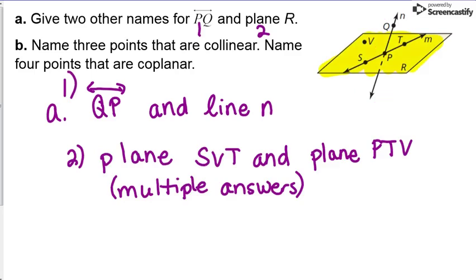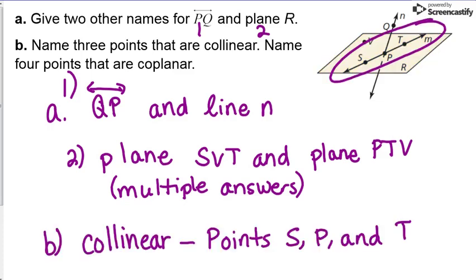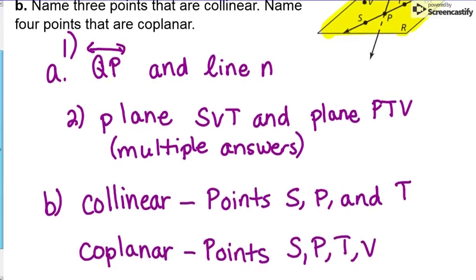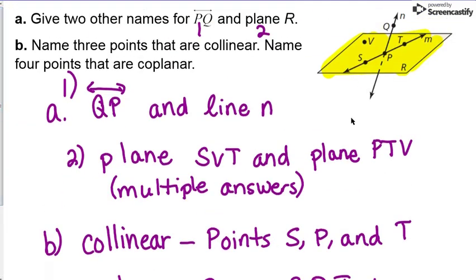All right, the next question says, name 3 points that are collinear. And then after that, we want to name 4 points that are coplanar. So 3 points that are collinear means that they lie on the same line. So collinear points might be S, P, and T. And then 4 points that are coplanar would be S, P, T, and V, because those are all points that lie on that plane.